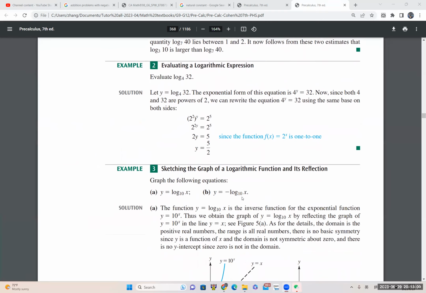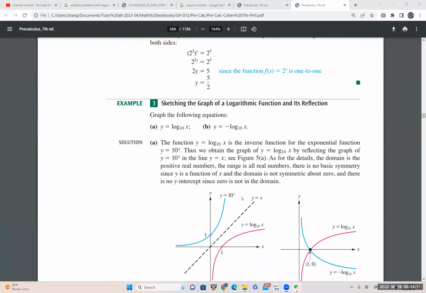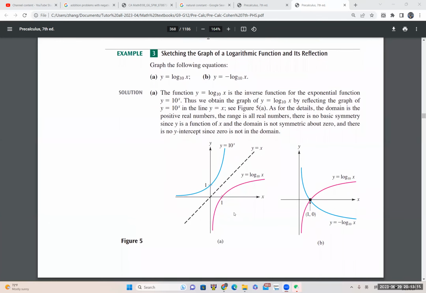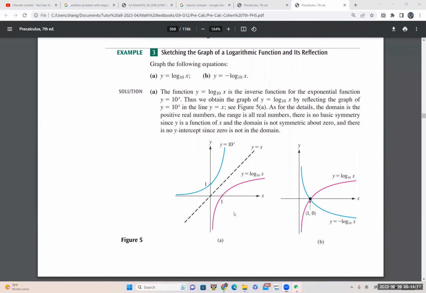We will not do the graph here. It means you can get y equals 10 to the power x first, the exponential function, then do a reflection about y equals x, right?